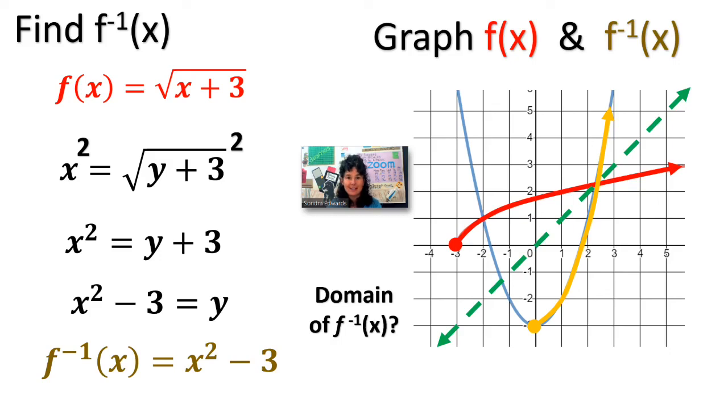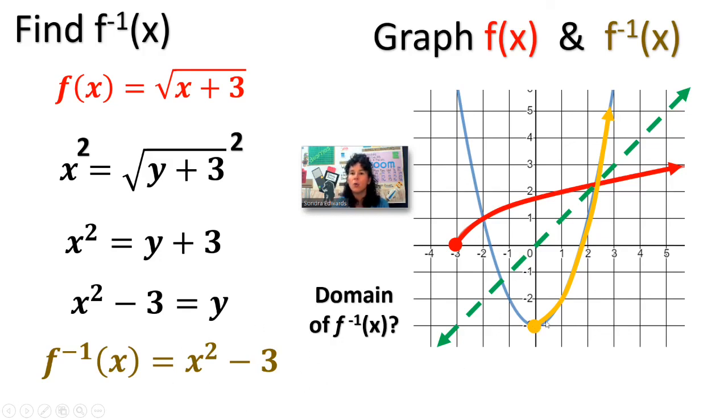We must graph both f and the equation that we got algebraically for f inverse, and then we might need to leave part of this graph, this equation that we got, off of there.